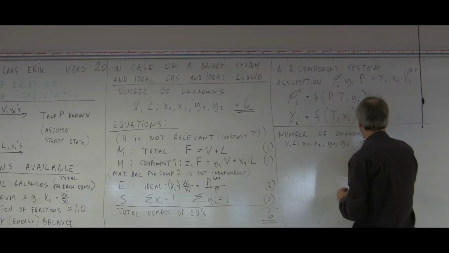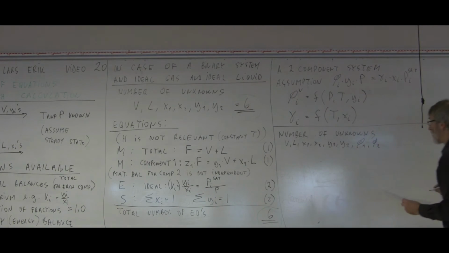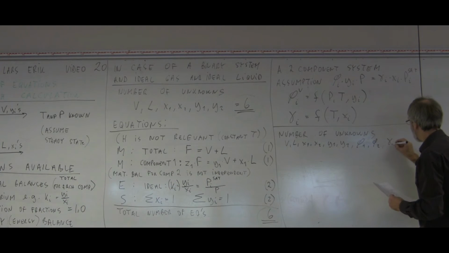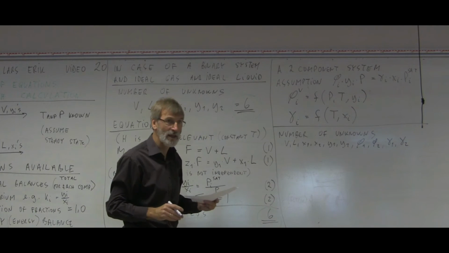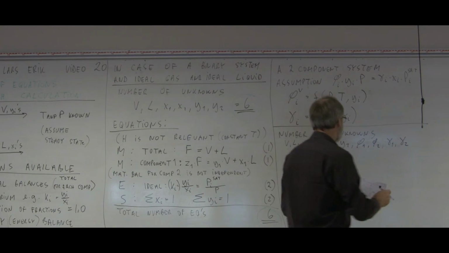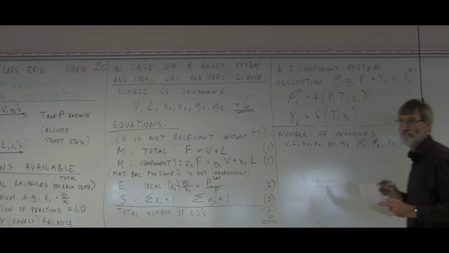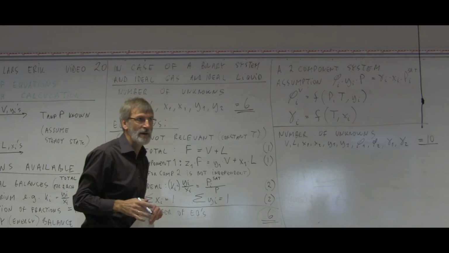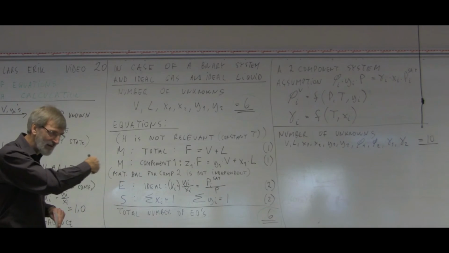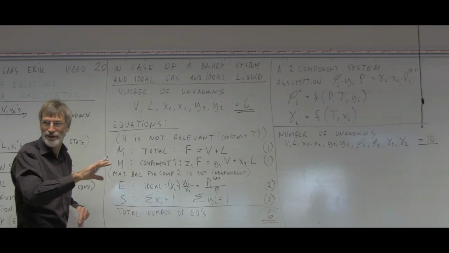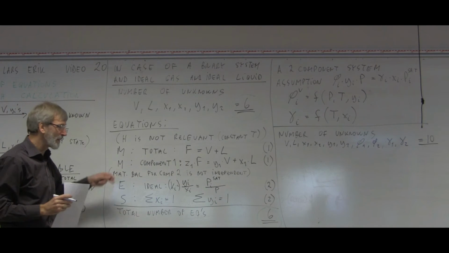So we can add the fugacity coefficient for component 1 and 2, and the activity coefficient for component 1 and 2 as unknowns. And that adds up to 10. And now 10 unknowns is so many that we will lose the overview, so we have to have some way of systemizing this.